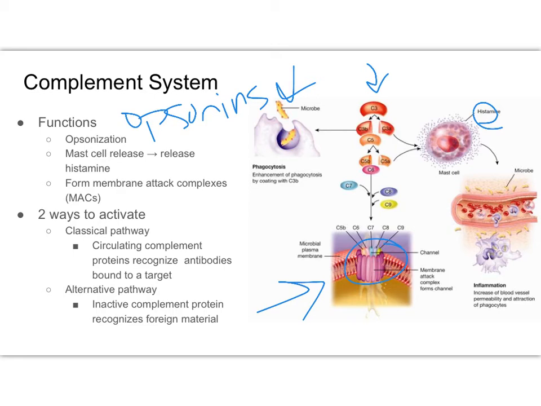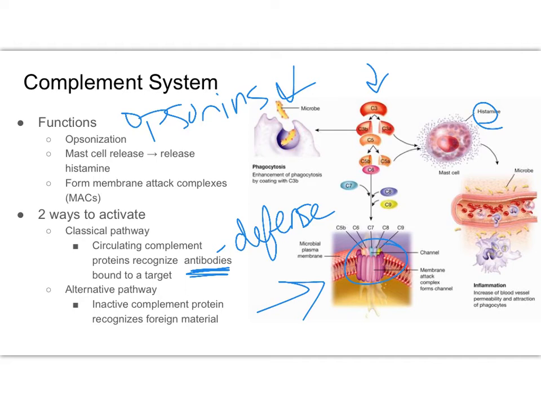So it can no longer regulate its internal environment from the external environment, and that will cause pretty quick cell death. The complement system has two ways to activate it: the classical pathway versus the alternative pathway. In the classical pathway, these complement proteins are circulating, and they recognize antibodies that are bound to a target. Remember, antibodies are good, they're part of your body's defense system. We talked about these with blood types.